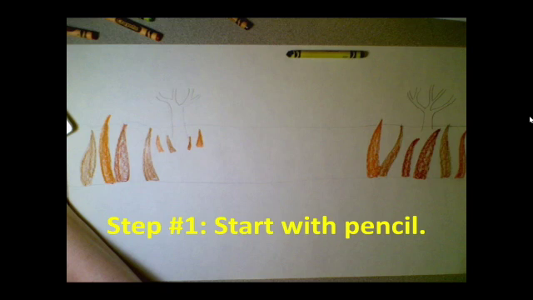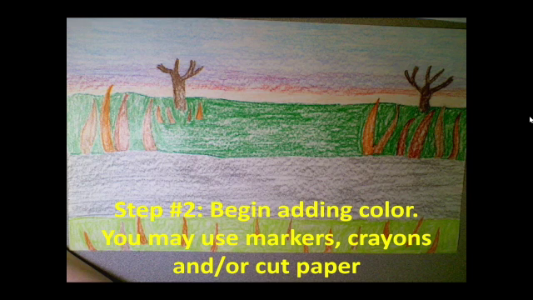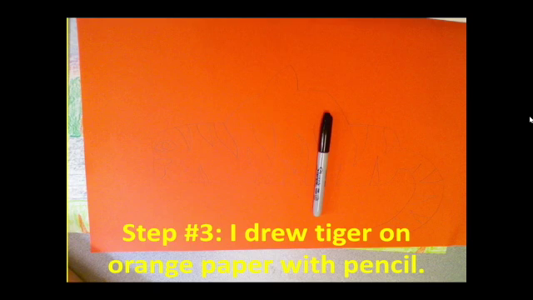I started with my background, and I've added color. You may use markers, crayons, and or cut paper, or you can combine all three of those together. After my background, I took an orange piece of paper, since I was doing a tiger, and drew my tiger design with pencil.